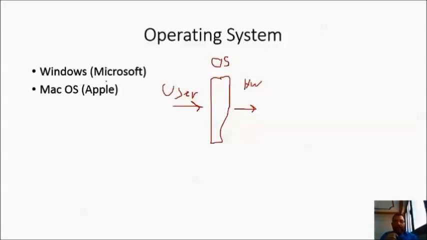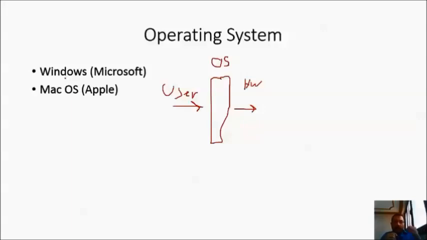We have two main companies, Apple and Microsoft. The Microsoft operating system is called Windows and the Apple operating system is called Mac OS.